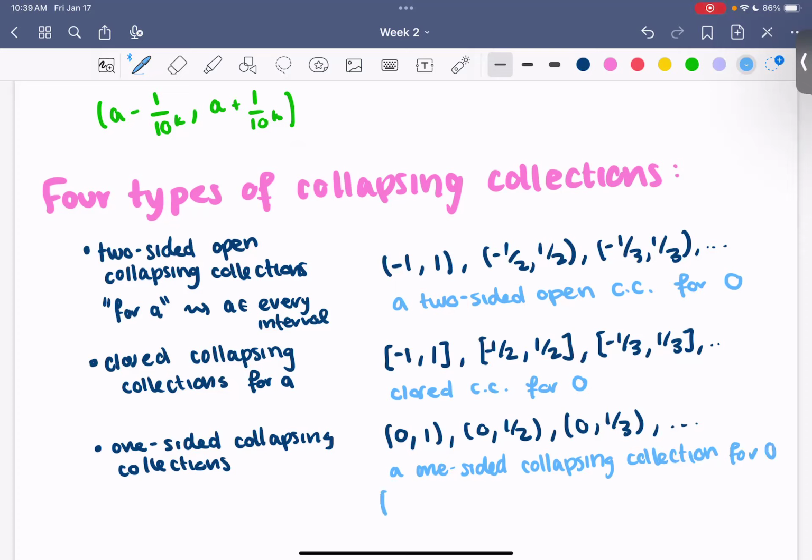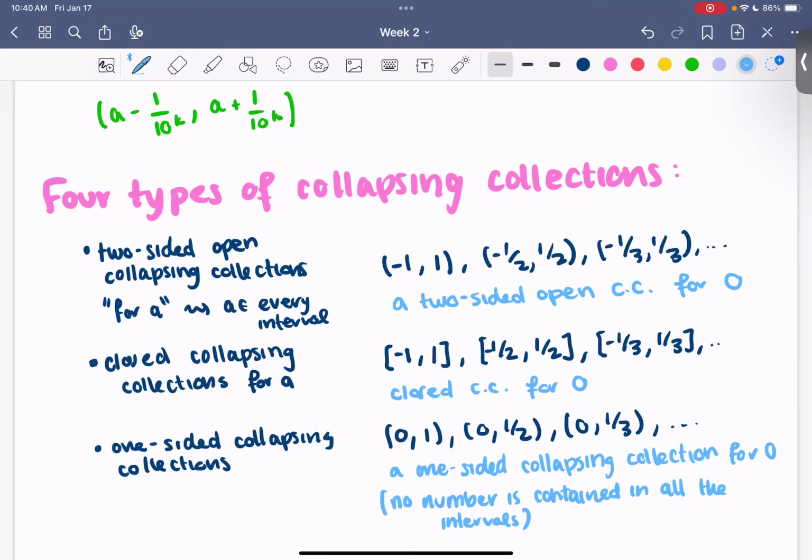And I'll just make a comment that no number is contained in all the intervals, but we just call it a one-sided collapsing collection for 0 because 0 is the left endpoint.